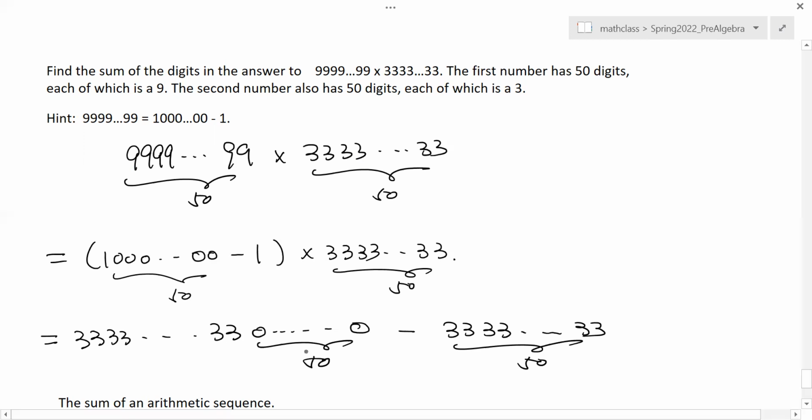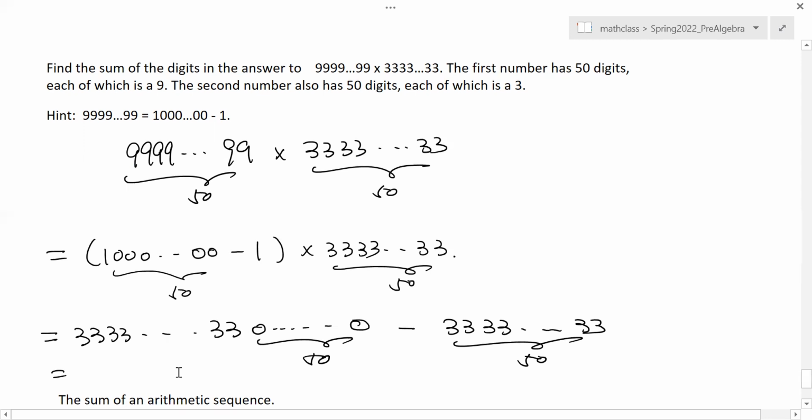Then you need to do subtraction. When you do the subtraction, you have to borrow. How to do subtraction, right? So you have to borrow the digits. The last one is a 7 because you get 10 here. You get a 9 here, and so on.